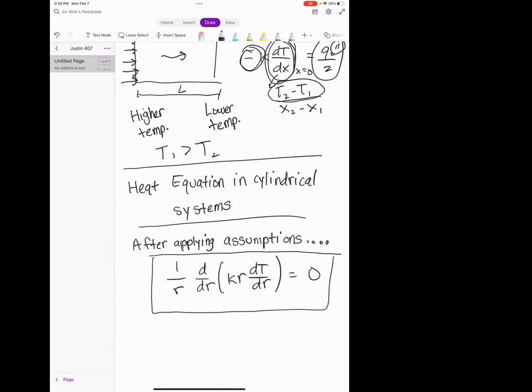And so this right here is the cylindrical version of the 1D heat equation.